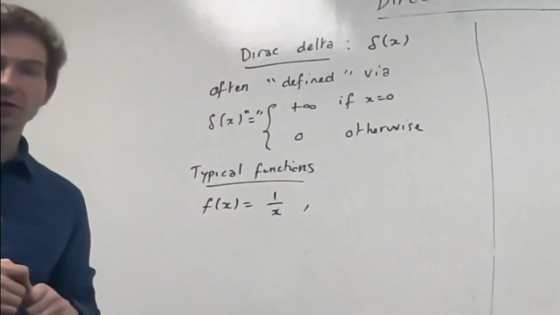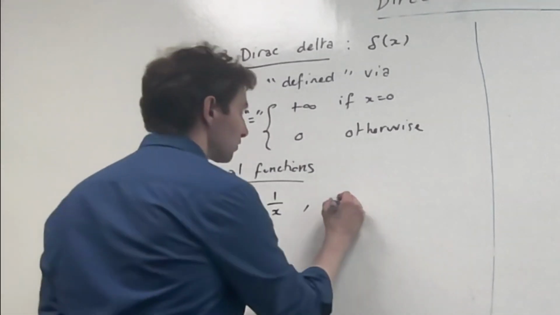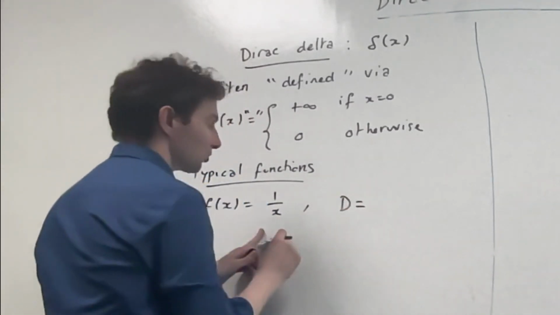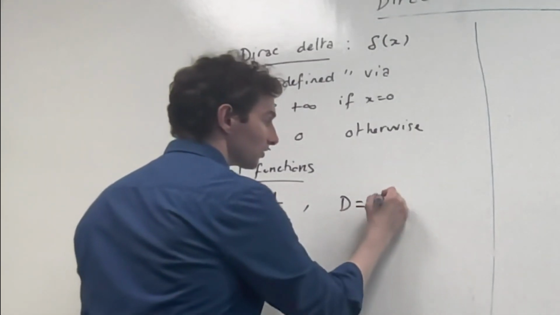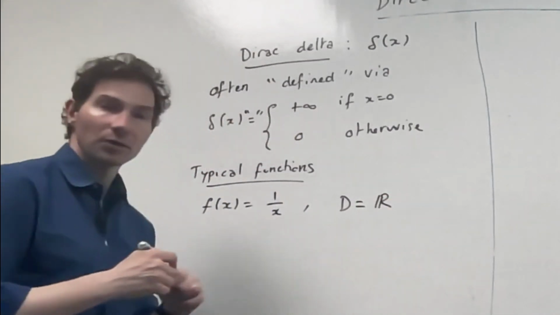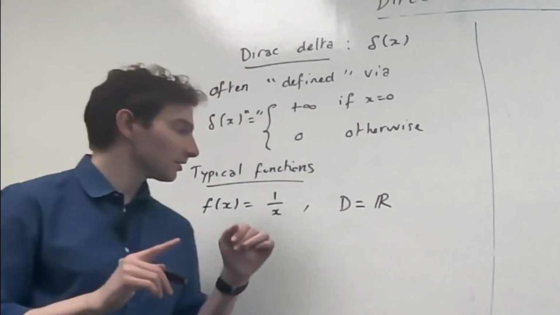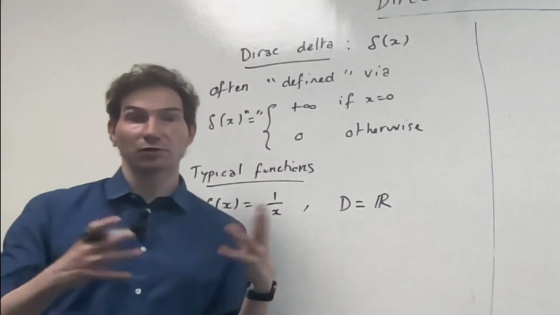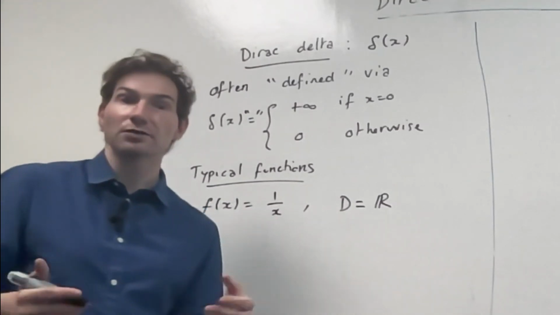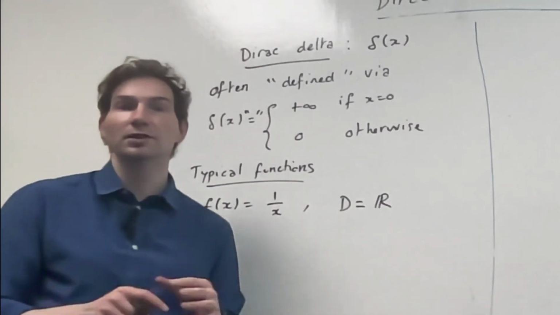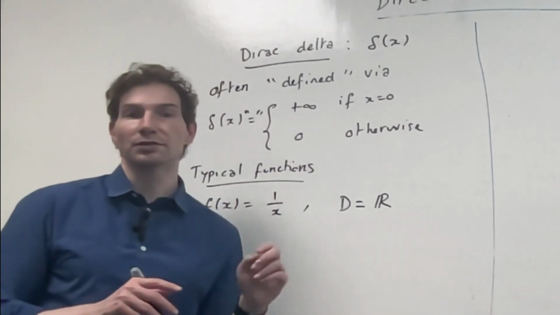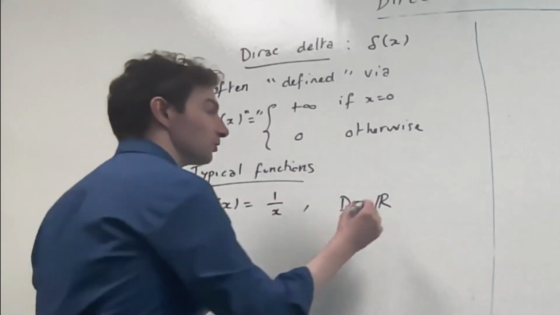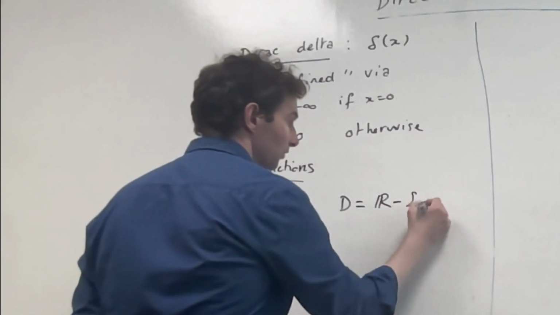The domain of definition D, you can say, is going to be the entirety of the reals, but then you realize soon enough that if x is equal to 0, this thing blows up. In mathematics, 1 over 0 is a forbidden move, so you don't want to put 1 over 0. So what you do is remove 0 from the reals.